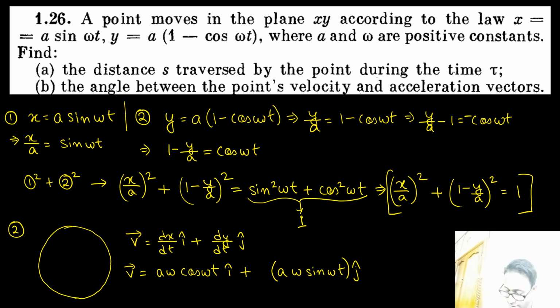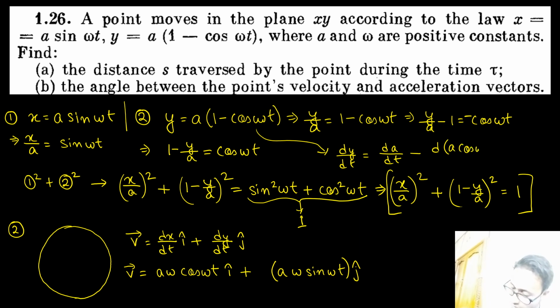If you differentiate this term, let me differentiate it and show you. dy by dt equals d(a) by dt minus d(a cos omega t) by dt.